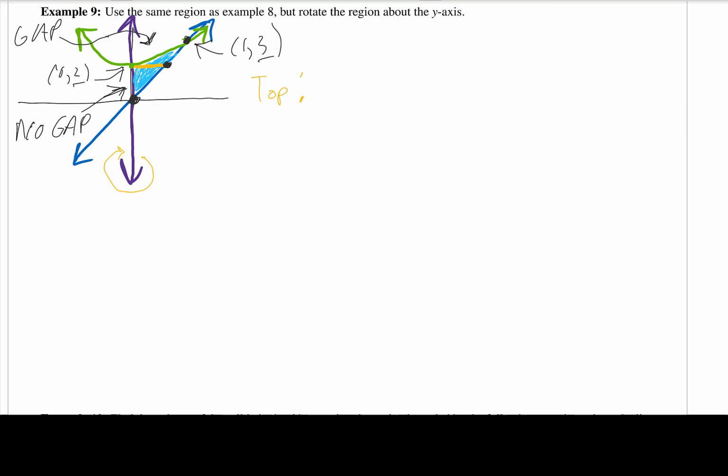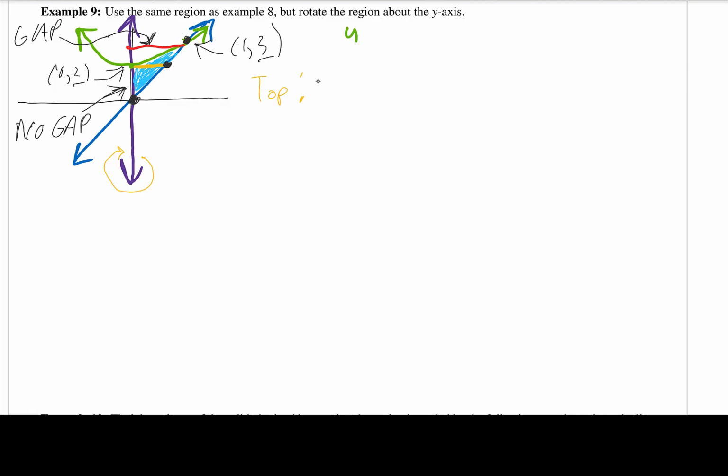Okay, so we need to calculate our R out, which is going to be the difference of the X values right here. Now, the issue is that when we started this problem, we weren't given X equals stuff. We were given Y equals stuff.